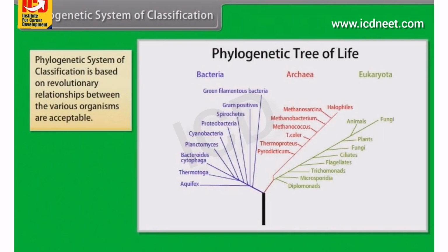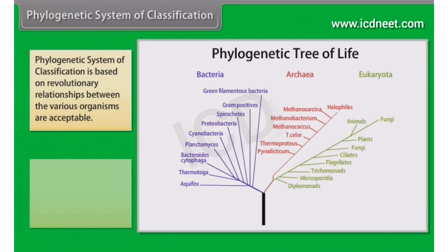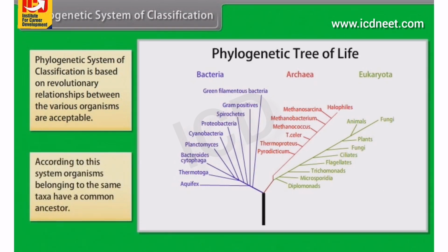Phylogenetic system of classification is based on evolutionary relationships between the various organisms. According to this system, organisms belonging to the same taxa have a common ancestor.